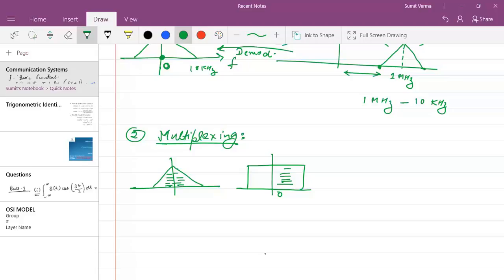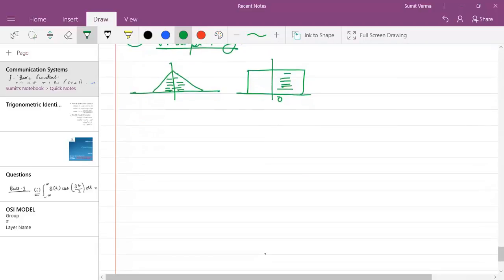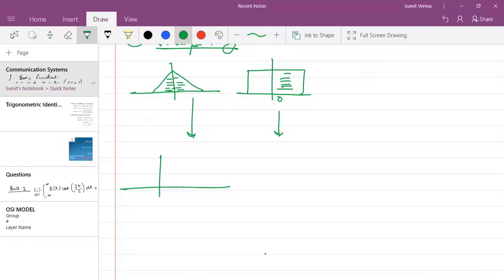So how is modulation going to help me? I am going to modulate each of these signals to a different frequency range. If I am shifting this spectrum to say 1 megahertz, I will shift the other to another frequency, say 2 megahertz, just an example.